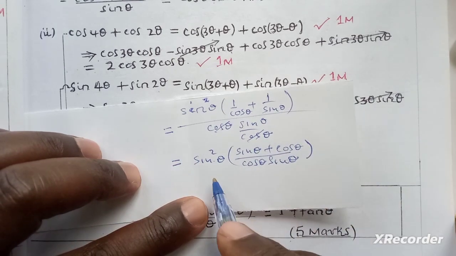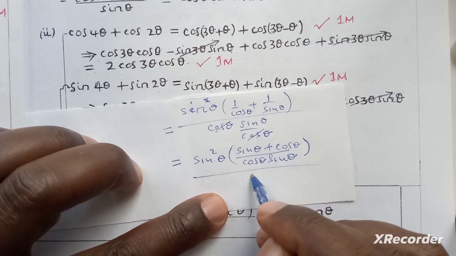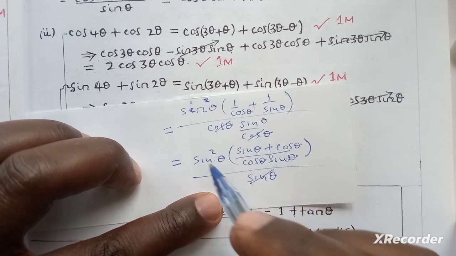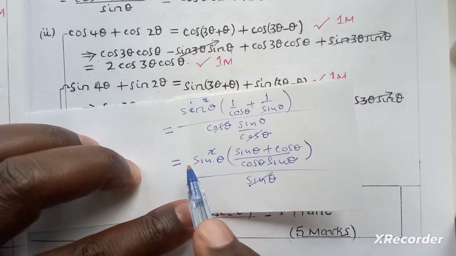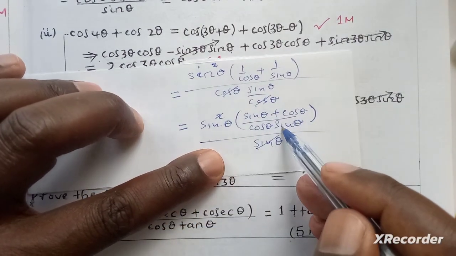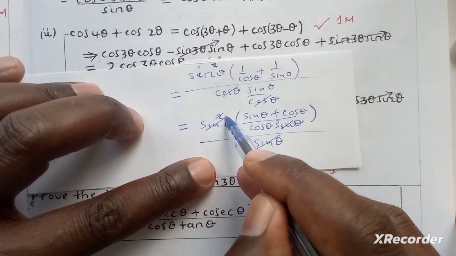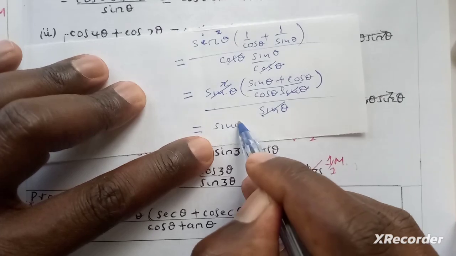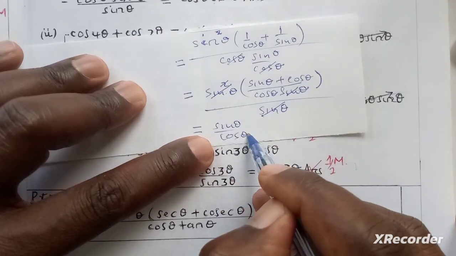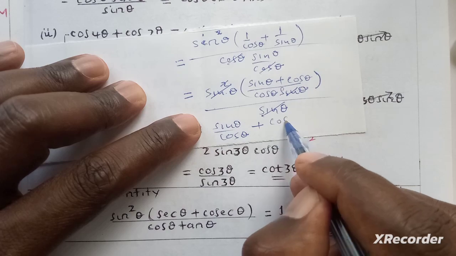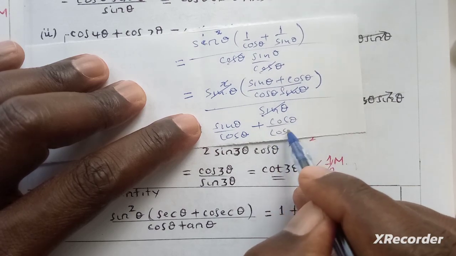like that. Then you divide it by sine theta. This sine theta can cancel this, but we will be left with 1, while this other one can also cancel this. So we are left finally with sine theta cos theta plus cos theta cos theta over cos theta.